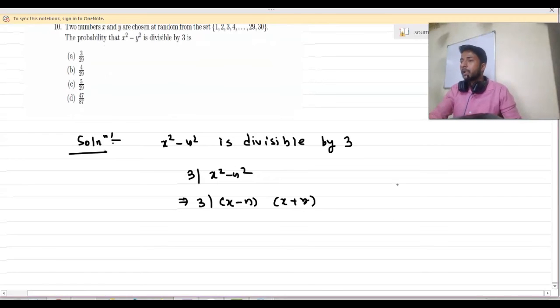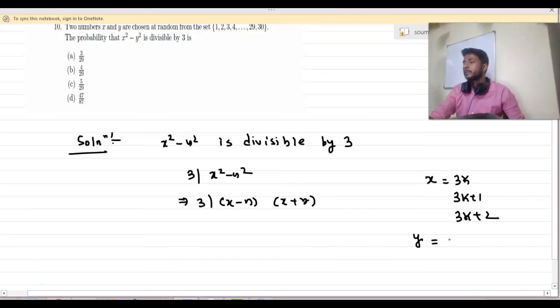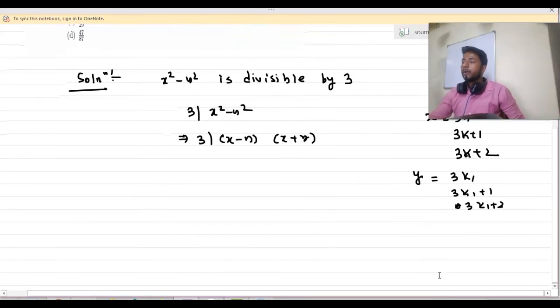Now just observe that if we choose any natural number x, then x is of the form 3k or 3k plus 1 or 3k plus 2, and the same result holds for y. y is of the form 3k1 or 3k1 plus 1 or 3k1 plus 2, right?